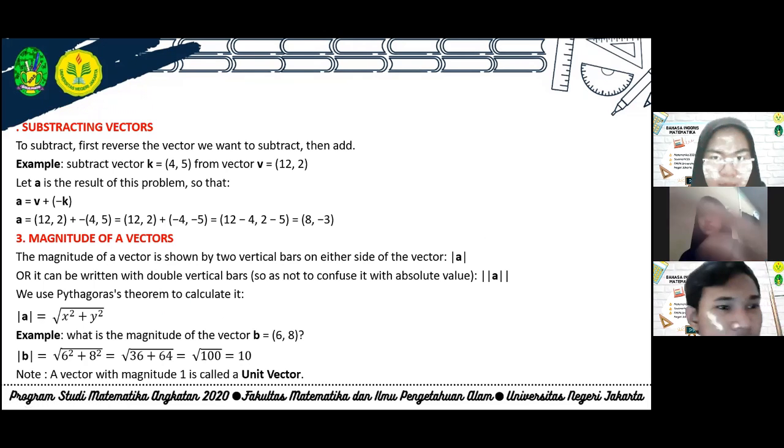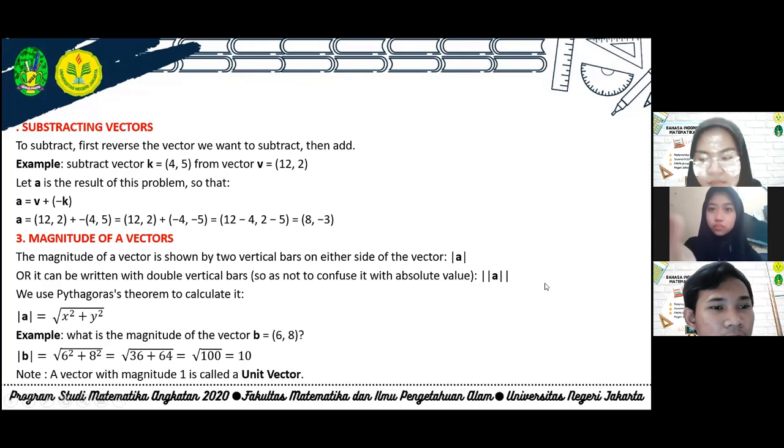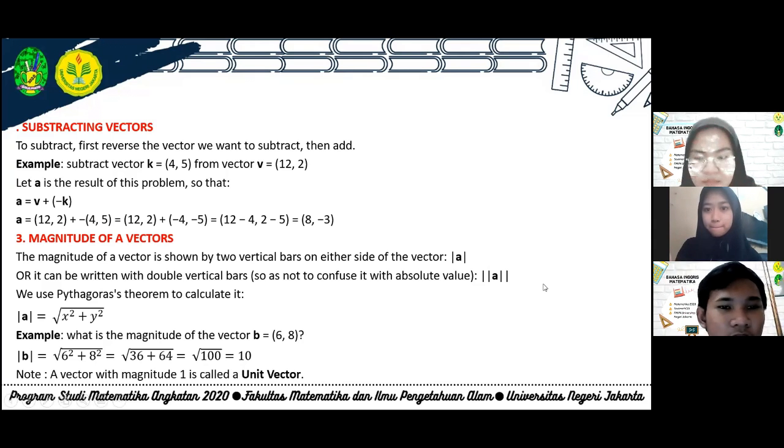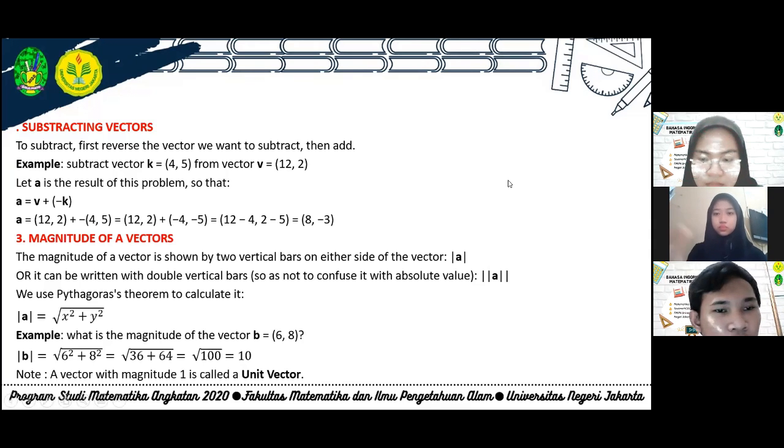Next is subtraction of vectors. To subtract, first reverse the vector we want to subtract, then add. For example, subtract vector k equal to 4,5 from vector v equal to 12,2.